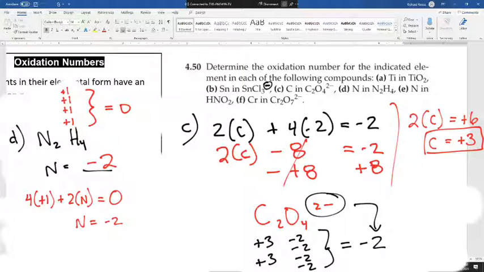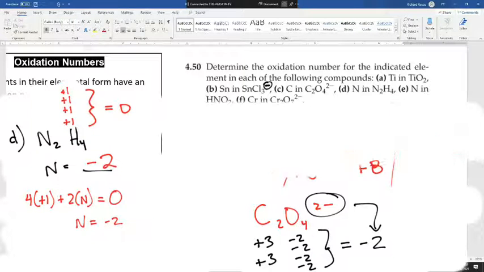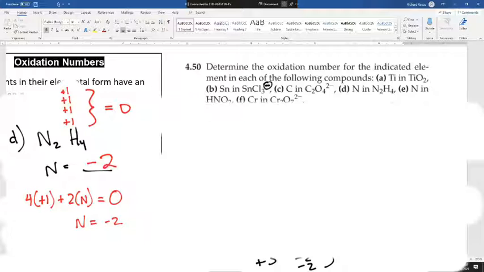All right, HNO2, again, go by the rules that you know usually for the hydrogen and the oxygen, based on what you're used to doing with those, and then try to solve for nitrogen. Letter E there.